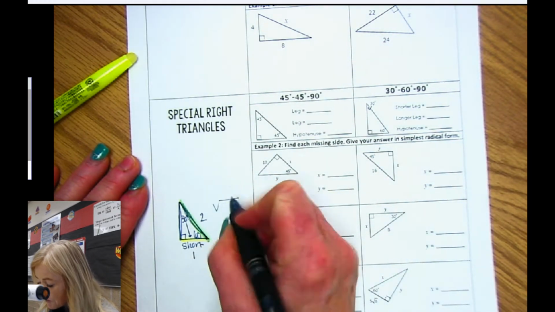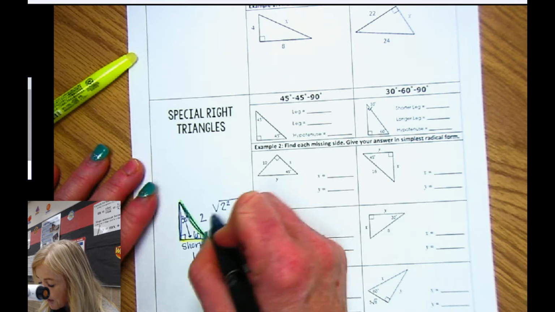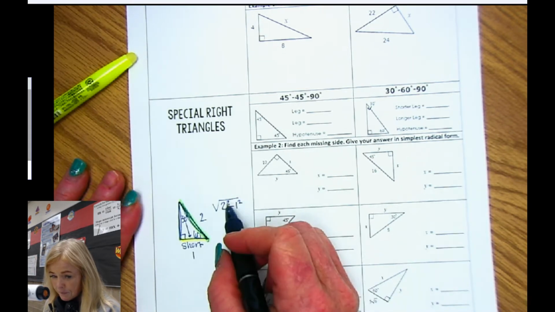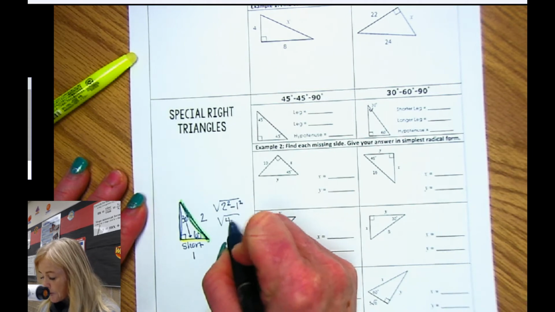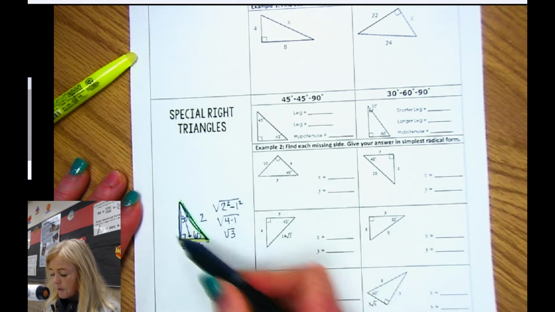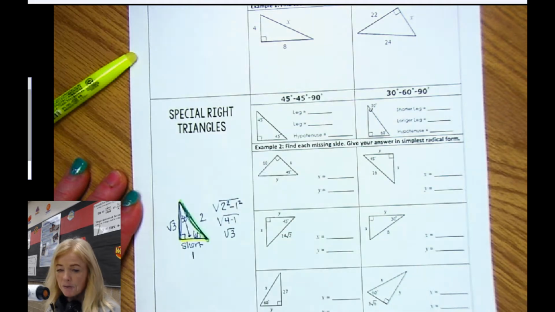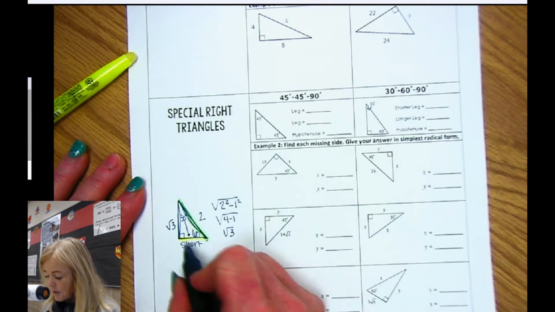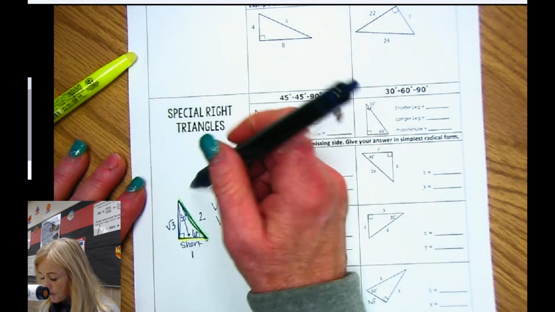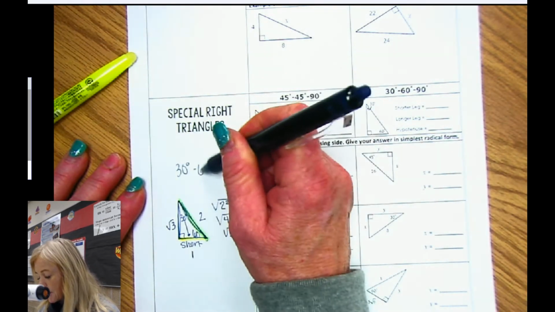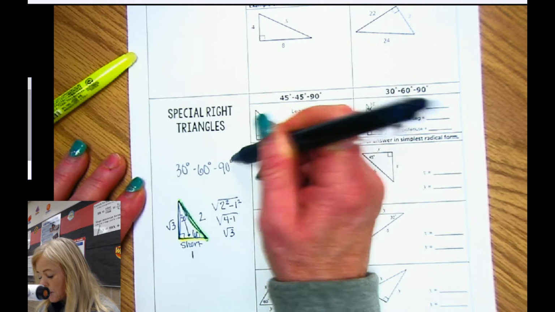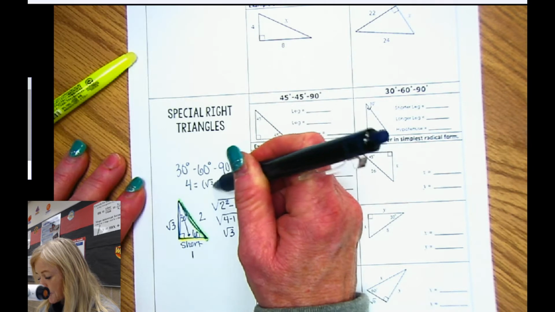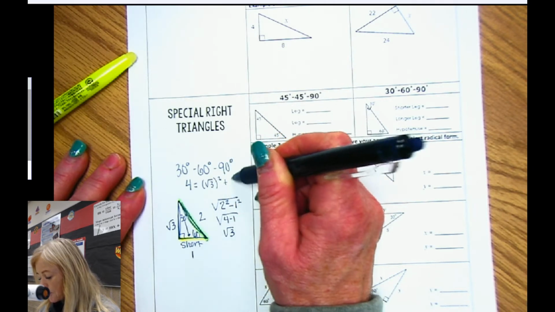If we have the square root of 2 squared, which is the hypotenuse, minus 1 squared, that's going to be the square root of 4 minus 1, or the square root of 3 for the other side, radical 3. Then as I check this out with the Pythagorean theorem, the hypotenuse squared, 4, is equal to radical 3 squared plus 1 squared.